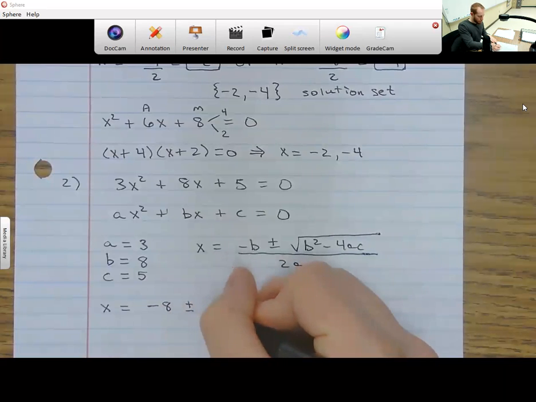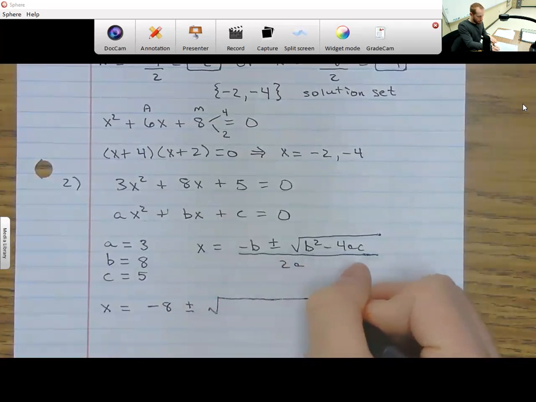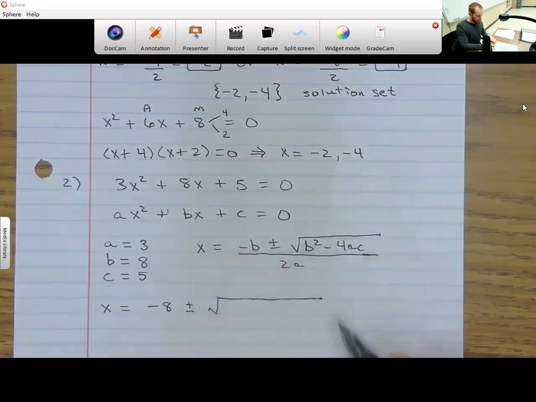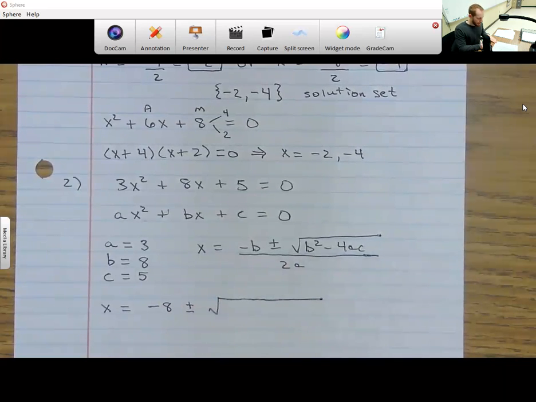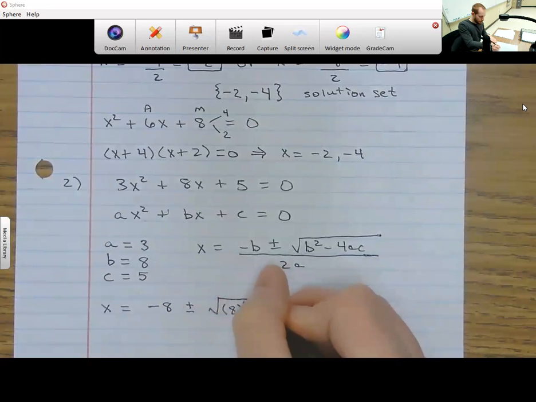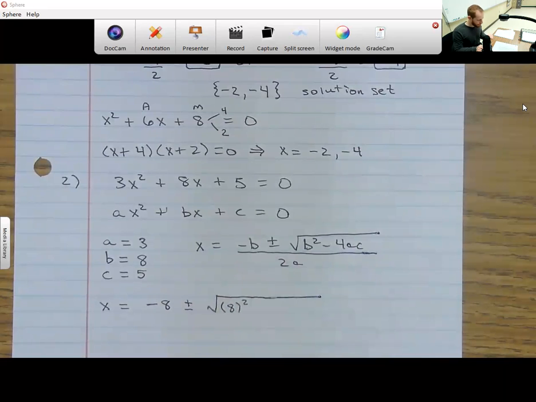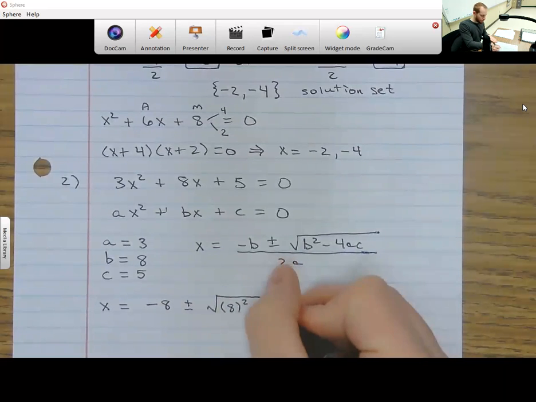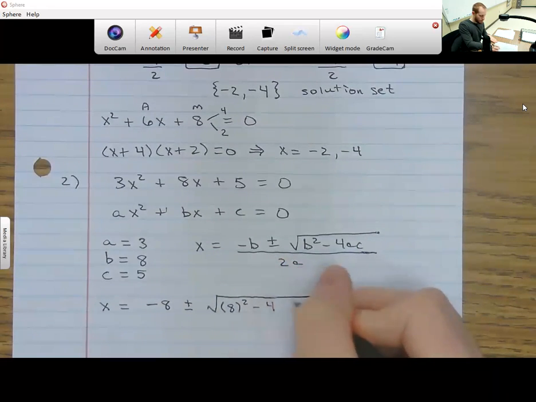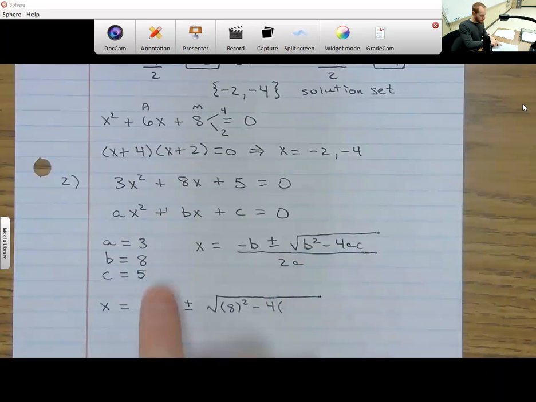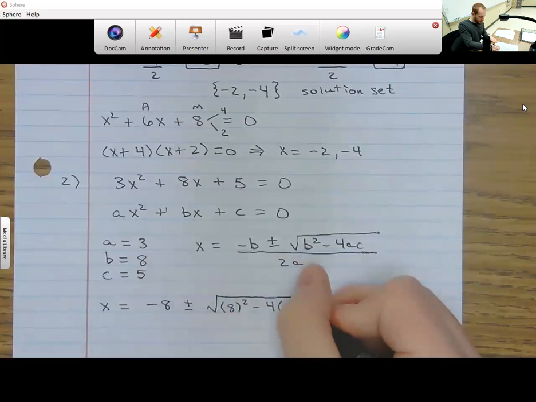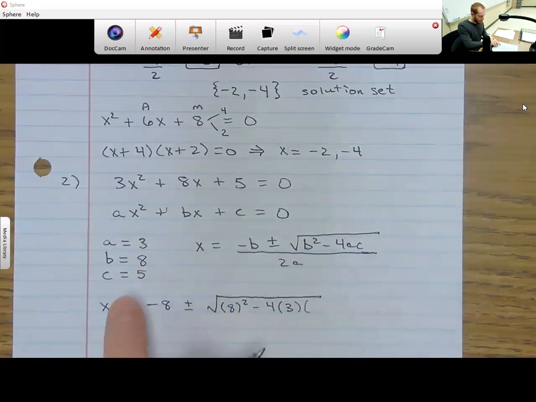And we're going to have the square root of what? B squared? Well, that would be 8 squared, right? Because b is 8. Good. So I have 8 squared minus 4 times a. Where is a? A is 3, right? Times c. C is 5.